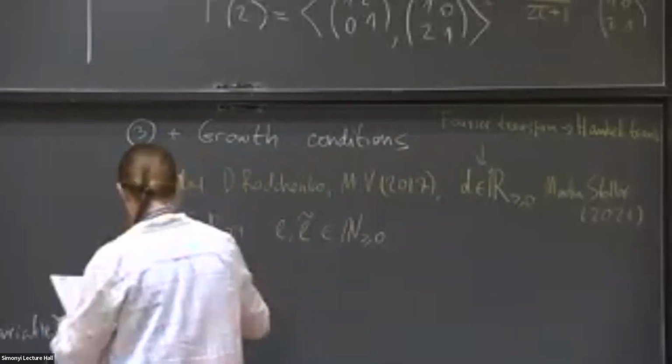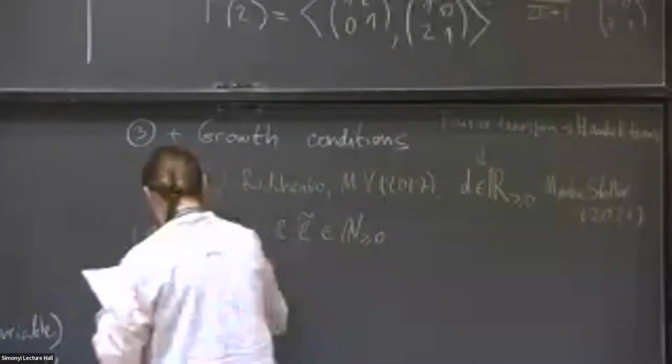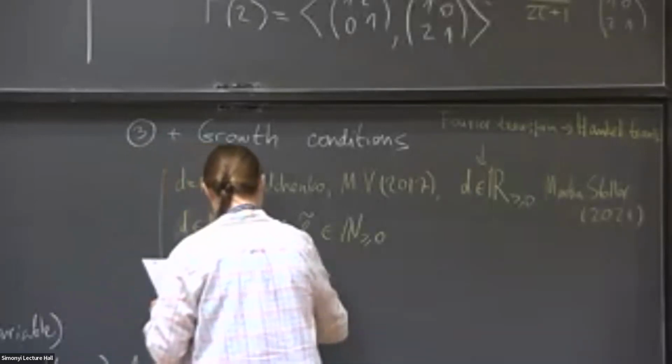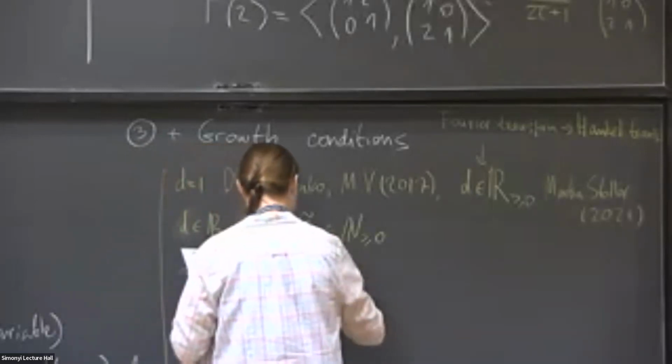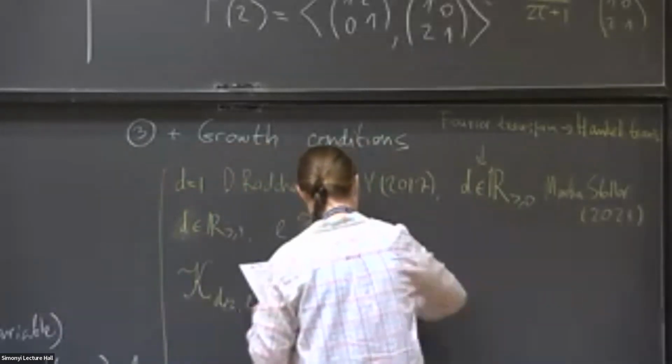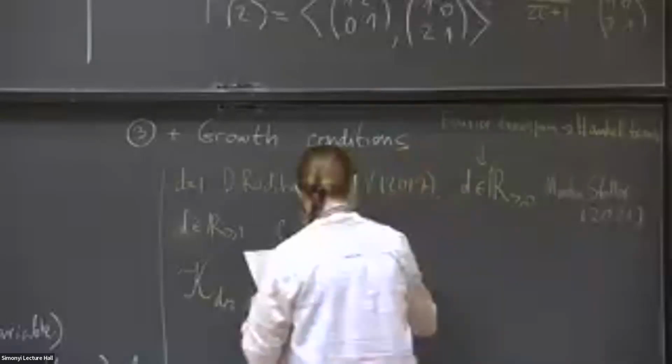And then what we can do is to consider a kernel like this. Maybe I will skip the normalization.